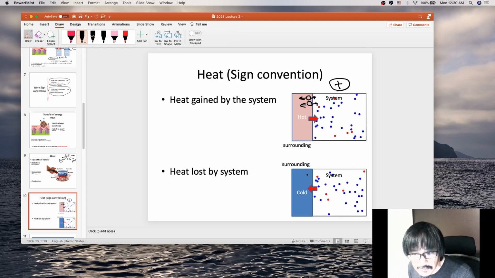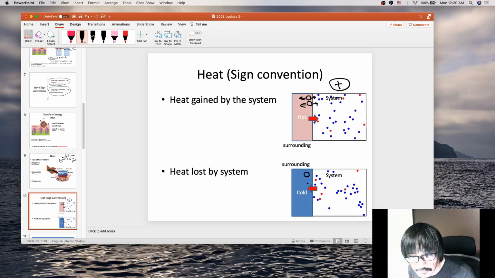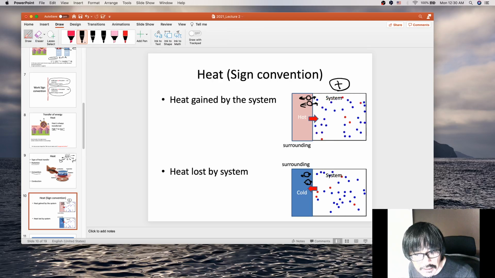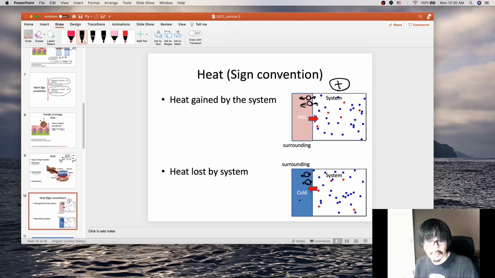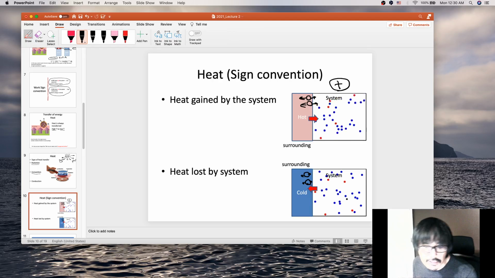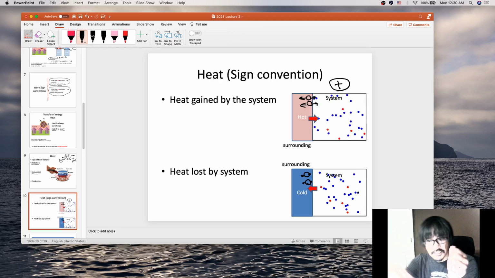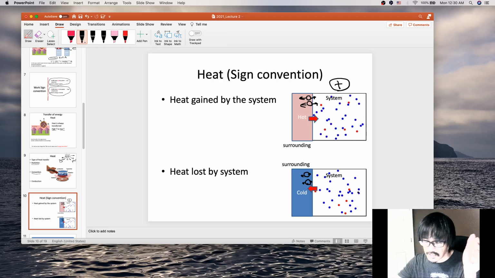Now let's think about the cold wall right here. The cold wall did not move as much as the hot plate. Then what's going to happen to the gas? The gas is initially moving at 300 meters per second or so.